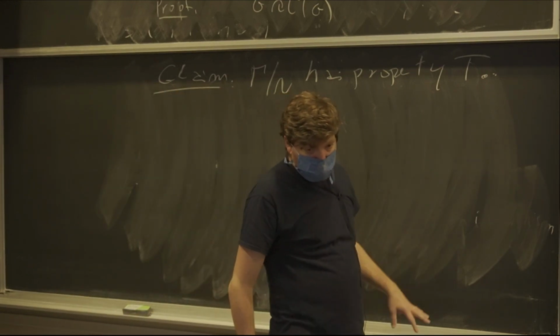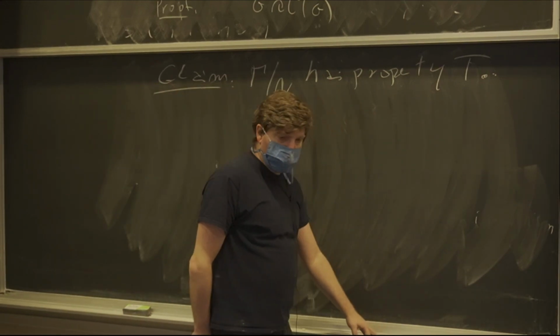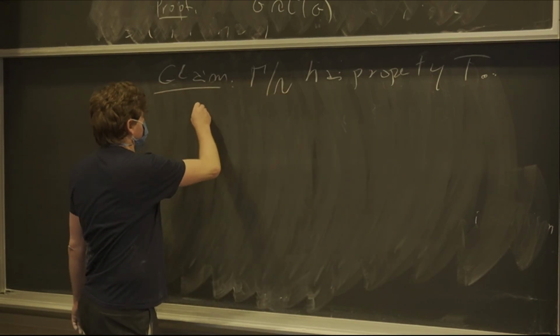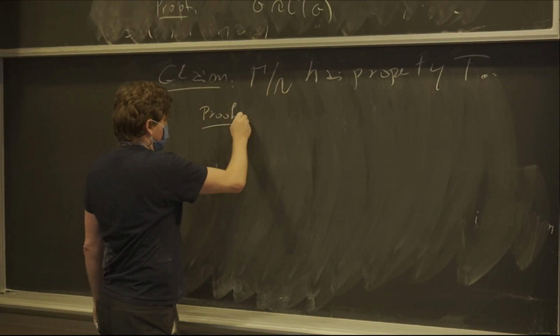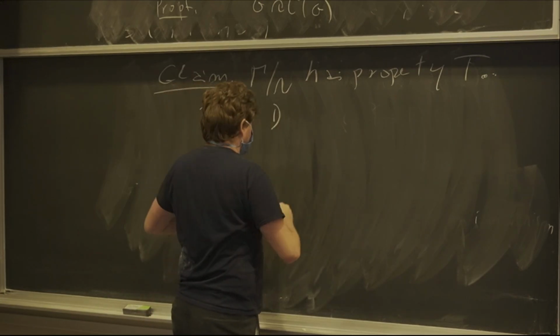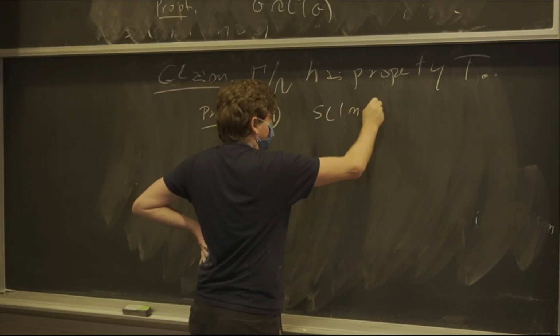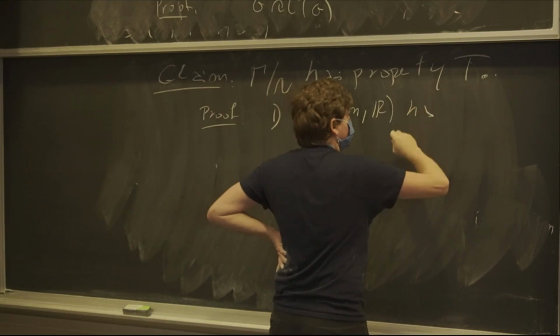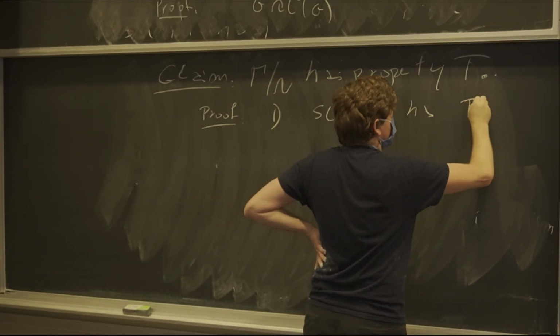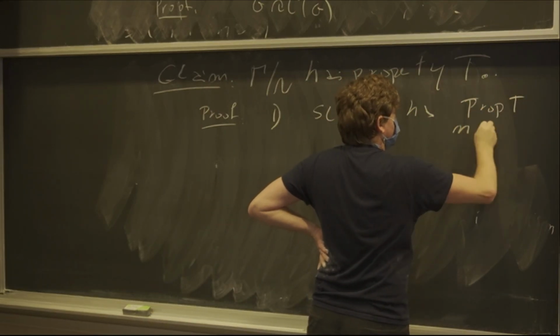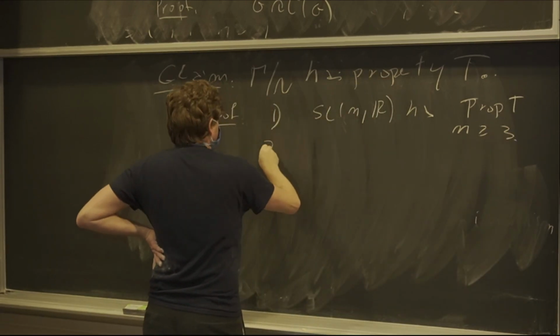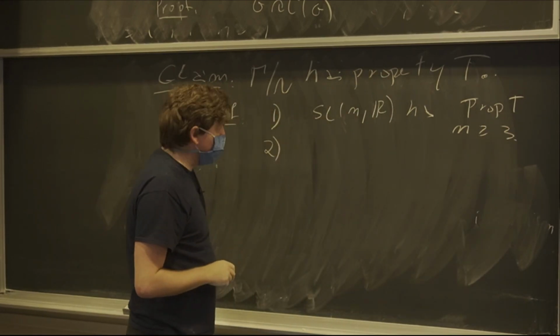And that's the statement of the Margulis Normal Subgroup Theorem, and the proof of this is in three steps. One, SL_n(R) has property T if n is at least 3. It is not true when n is 2.